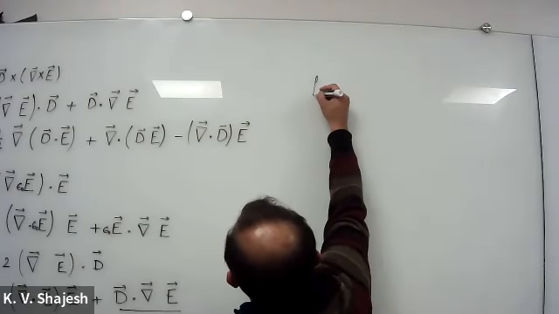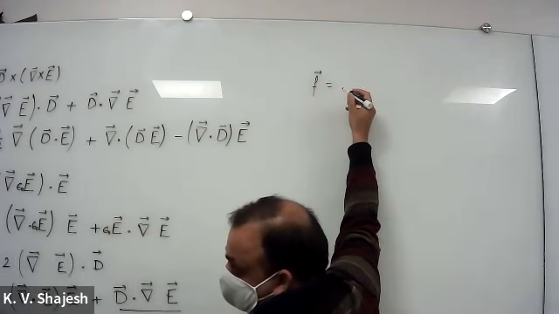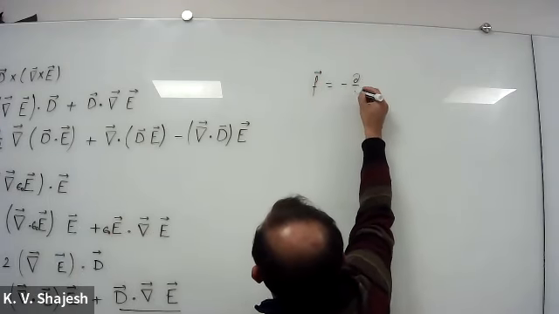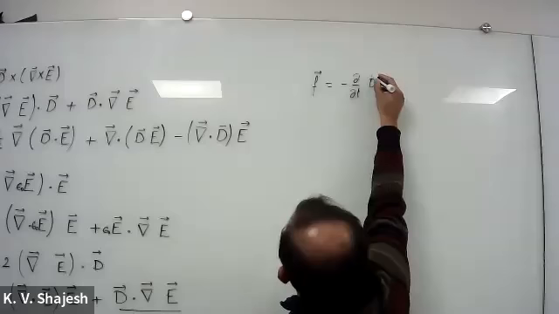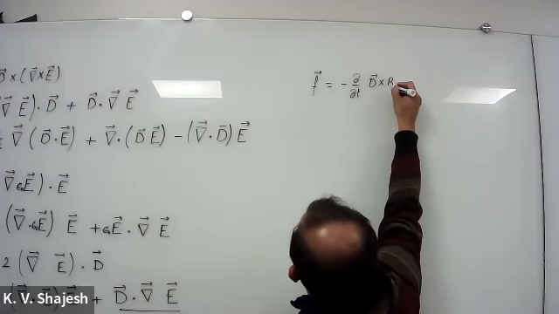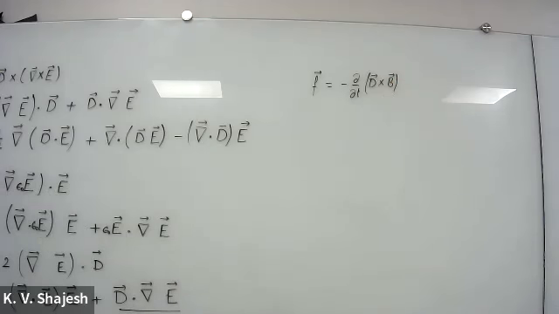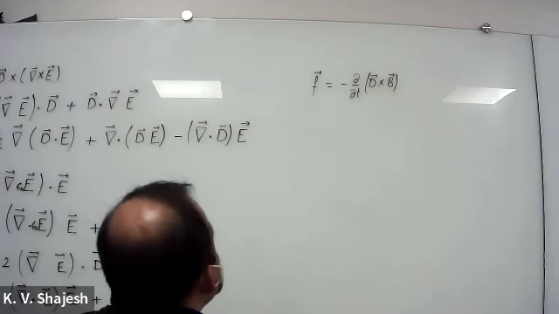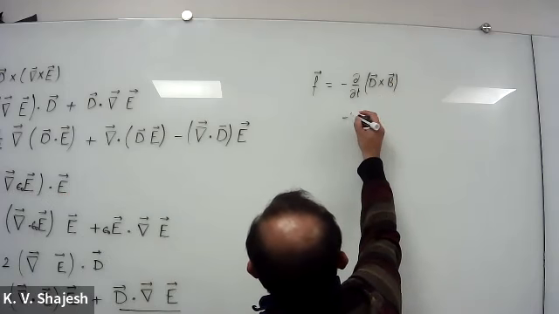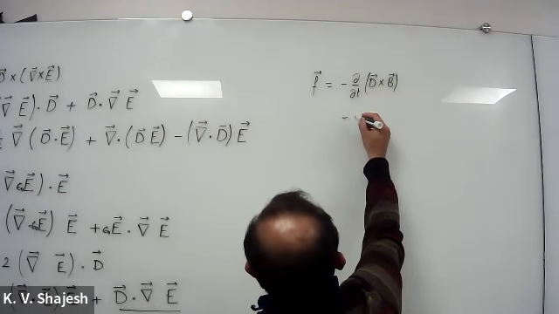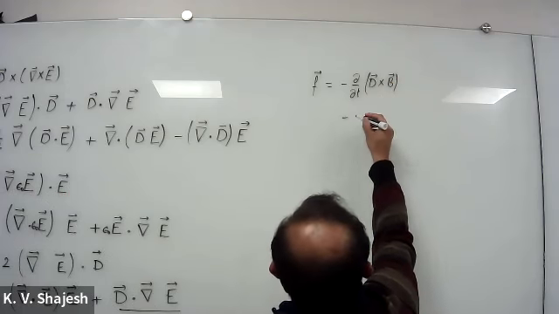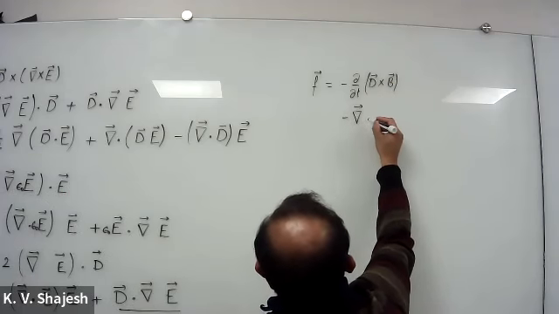So my equation becomes f. The first term was just minus time derivative of B cross B. And the second one is these two. So I'm going to write this all together in one piece. So it's minus of, put this together here. Okay, let's see.